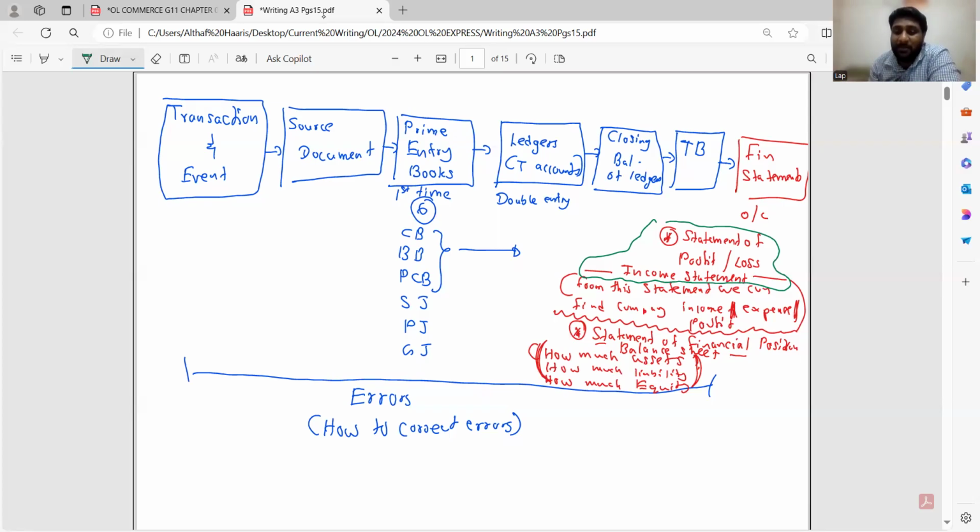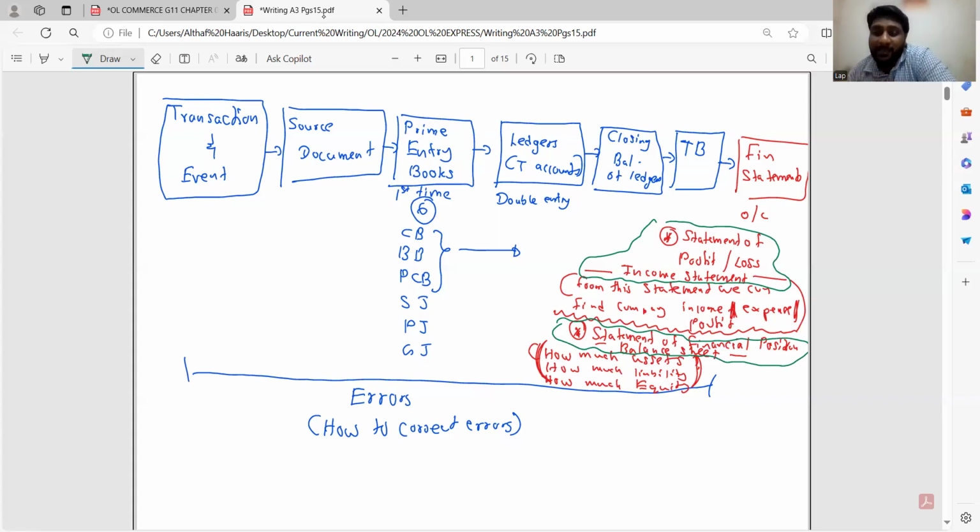In simple terms, balance of asset, how much assets are there, balance of liability, how much liabilities are there, and balance of equity, how much owner's portion is there. That is the second one we find, which is the statement of financial position, which is the balance sheet.